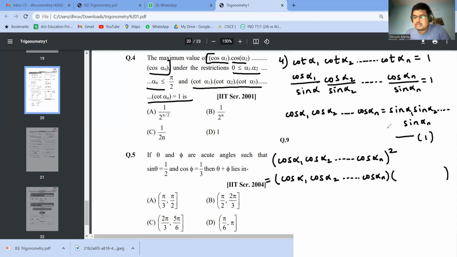Are you following this? Yes, sir. Acha, but I'll convert one bracket. Instead of that one bracket of cos, I'll write sine, like sine alpha 1, sine alpha 2 up to sine alpha n. Check this. Are you following this, Arush?